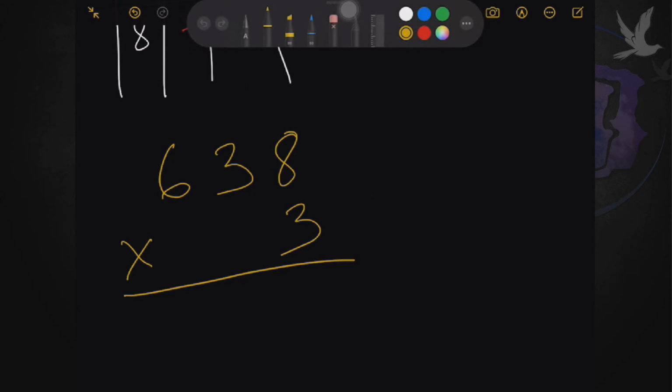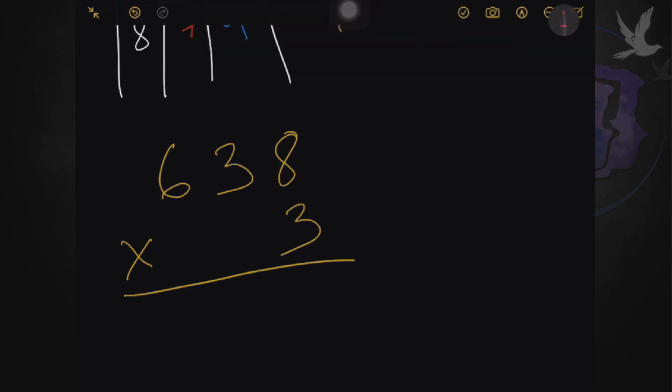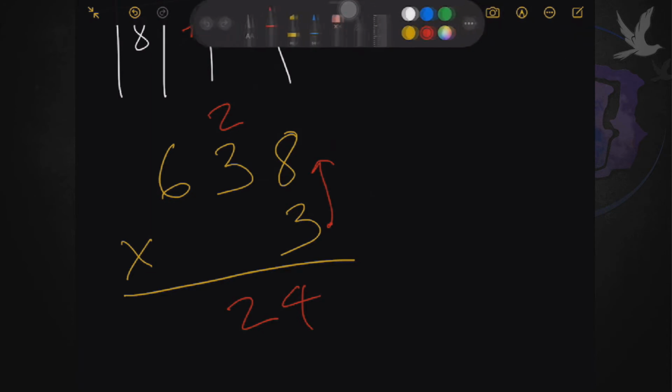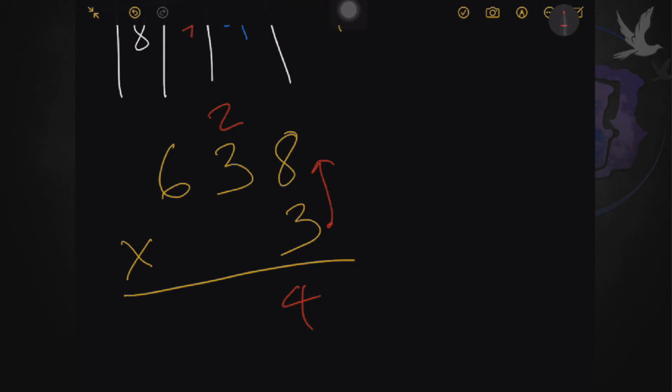Then again, all you have to do here, start with the ones. 3 multiplied to 8 will give you 24. Instead of writing 24 this way, we write 2 here. Then with the tens, 3 times 3 will give you 9, plus 2 will give you 11.